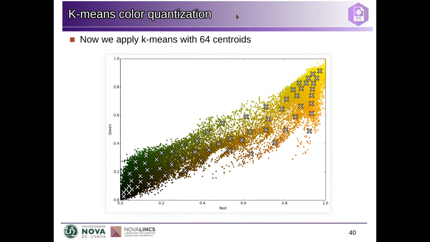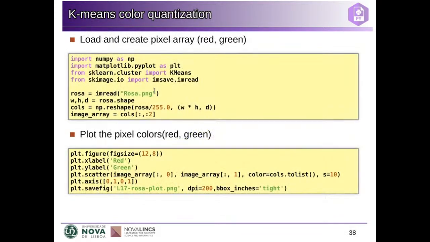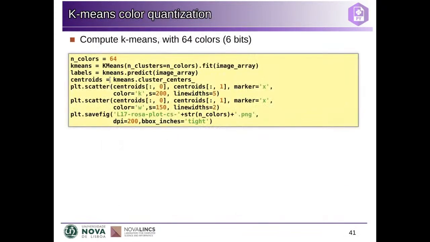So this is the result of using k-means with 64 centroids. I can do it like this. I imported k-means here from Scikit-Learn cluster, and I create a new object which uses as the number of clusters this number of colors that I chose.